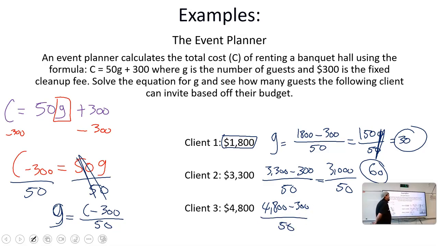Okay. All right, so 4,800 minus 300 is 4,500. We're going to divide that by $50 per guest. And that will get me a total of 90 guests that I could invite to that banquet.